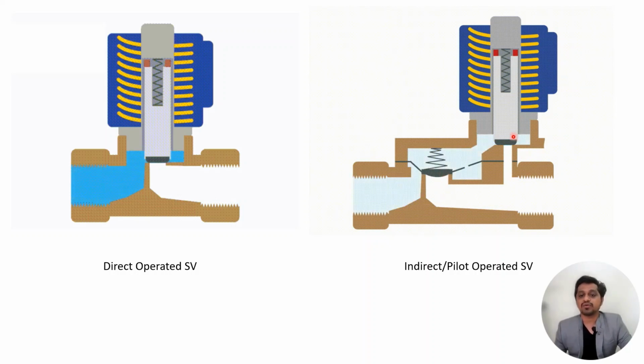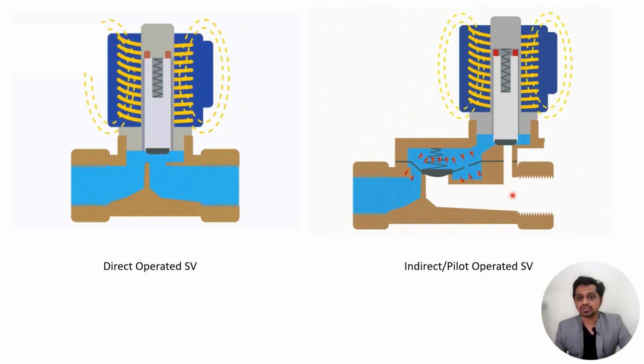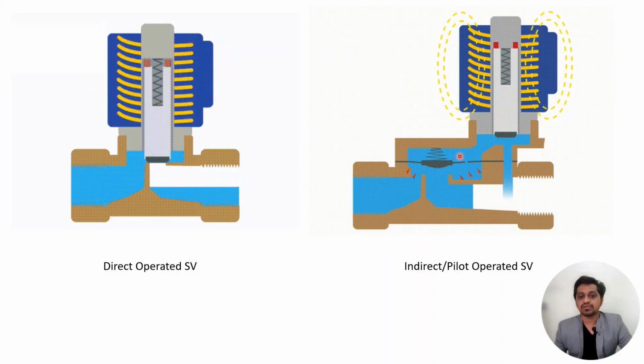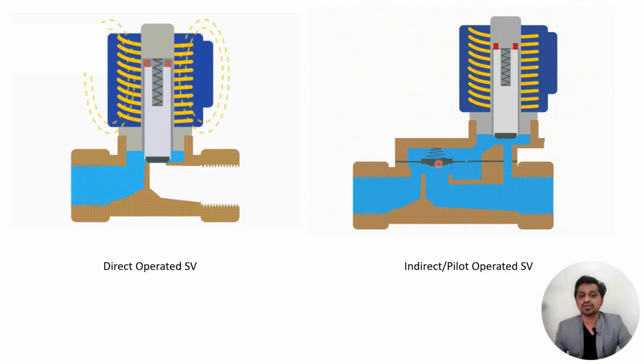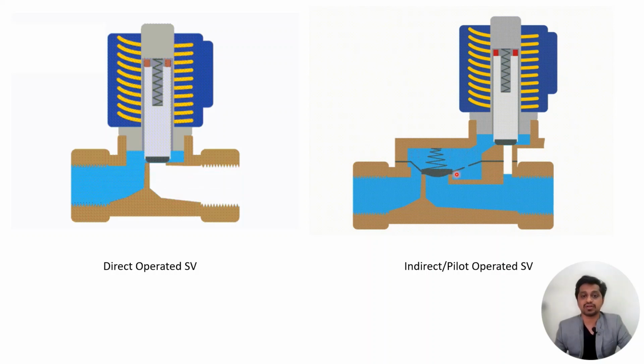So when the valve is open, the pilot port is open to the system, and because of the pressure losses in the system, the pressure on the top side gets reduced as compared to the bottom side, and that's how it gets opened. So this is the pilot operated solenoid valve, and that's why we require a pressure differential for the operation of a solenoid valve.